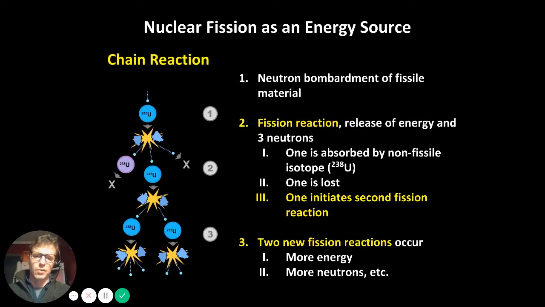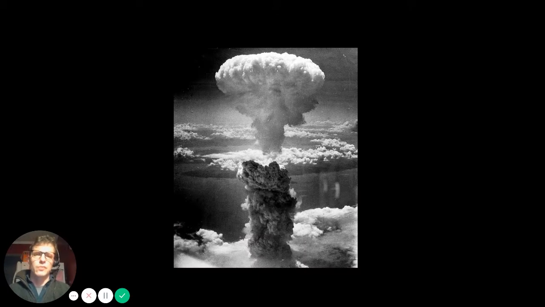In part 3, we see that those 2 neutrons themselves are responsible for initiating 2 new fission reactions that again release energy, produce fission products, and then even more neutrons. So you can imagine that for every 1 fission reaction, we create 2 new neutrons that go off and initiate 2 more new fission reactions, and you get this chain reaction of increasing release of energy.